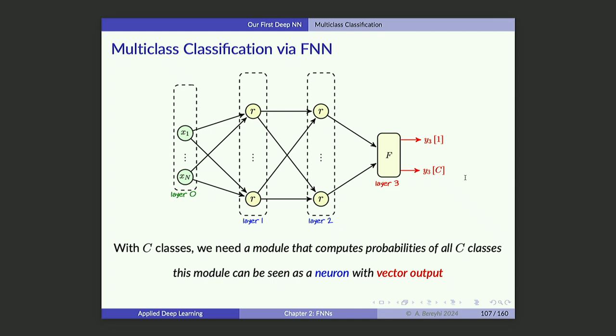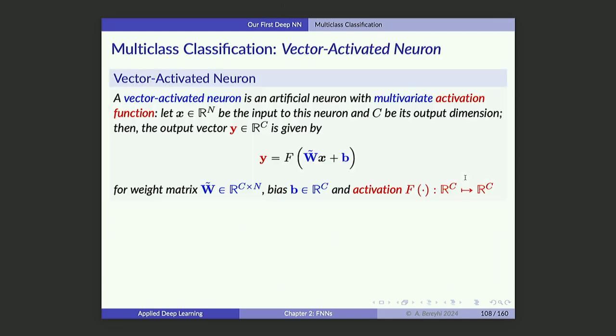So this idea is what we call vector activation, okay? And vector activation is basically just extending the idea of a simple neuron to a case where you have a kind of multi-dimensional neuron. So this is what I'm going to call a vector-activated neuron. It's not a general term, but you can find it here and there.